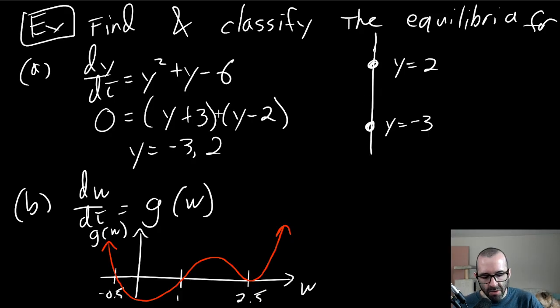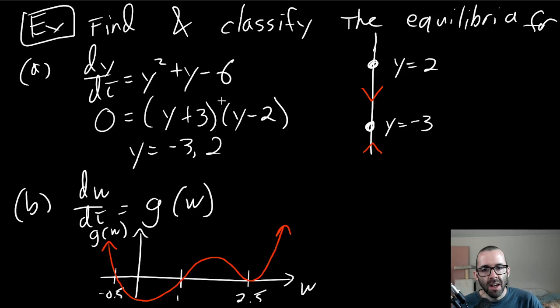So if y equals 0, for example, what is the sign of the derivative? Well, if y equals 0, the derivative is negative 6. If y equals 0, we're decreasing. If y is negative 5, negative times a negative is a positive. Increasing. Positive derivative means y is increasing.